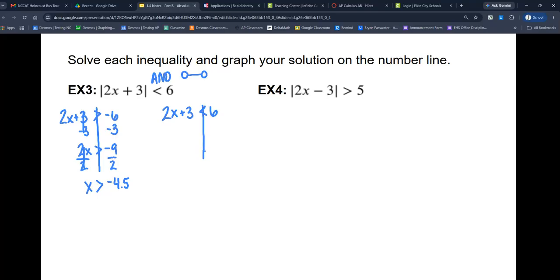John, what do I do to solve the second one? Not the 6. We're trying to get the x by itself. The 3. Good. All right, so 2x is less than 3. And then?